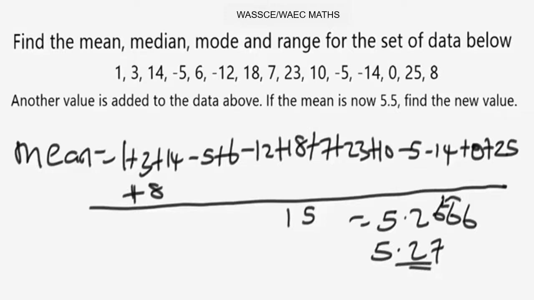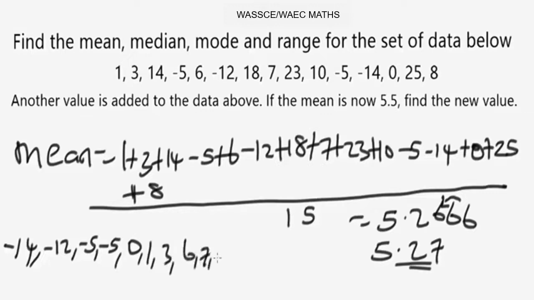Now to get the median, you arrange this data in ascending order. So if you do that, the least value is minus 14. We have minus 14, we have minus 12, we have minus 5, we have 0, we have 1, we have 3, we have 6, we have 7, we have 8, we have 10, we have 14, we have 18, we have 23, and we have 25.